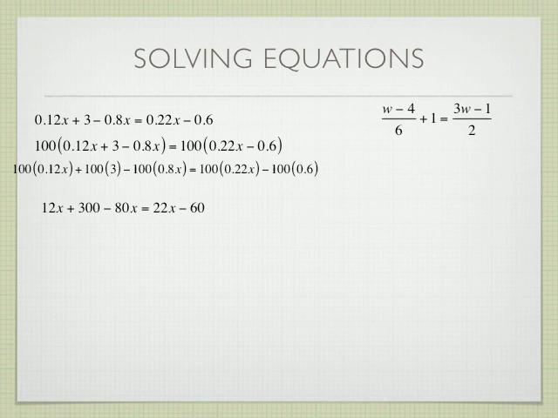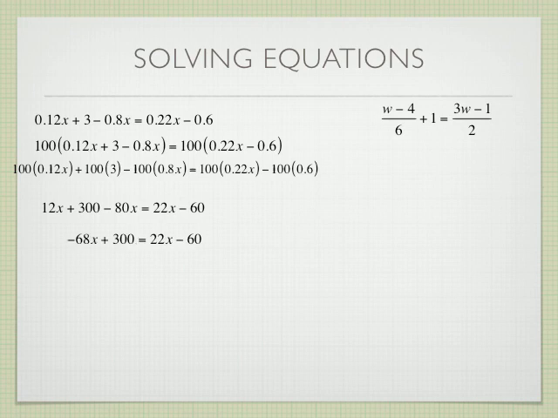So 100 times 3 is 300. 100 times 0.8, it's going to take the decimal point and move it twice, so it would give me 80x, then equals 22x minus 60. Again, it moves the decimal point twice. If I'm multiplying by 100, 100 has 2 zeros, so it moves the decimal point twice.